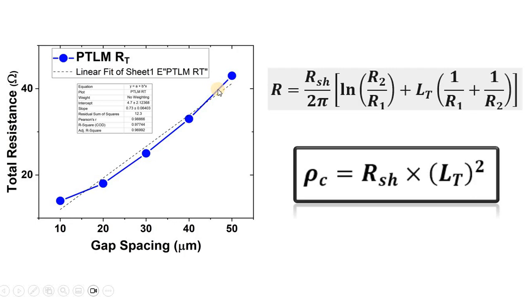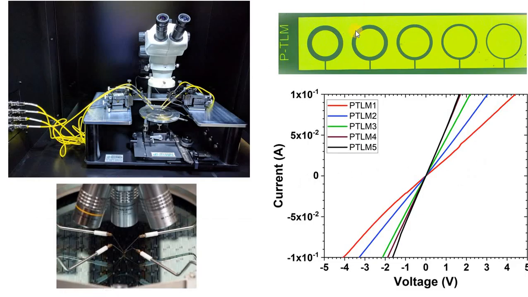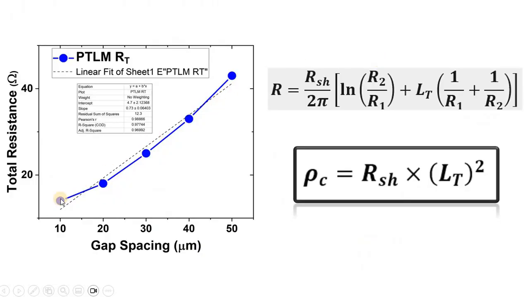We applied a voltage across these contacts, measured the currents, and this gives us 5 different measured resistances which are plotted here. Now, in order to extract the contact resistance, we need to perform a linear fit across these 5 data points.